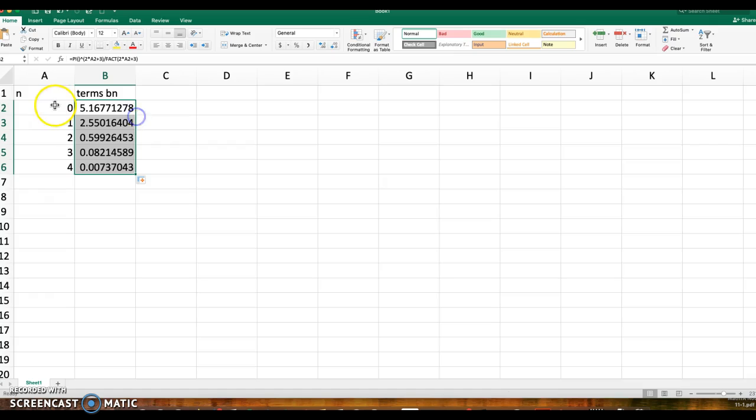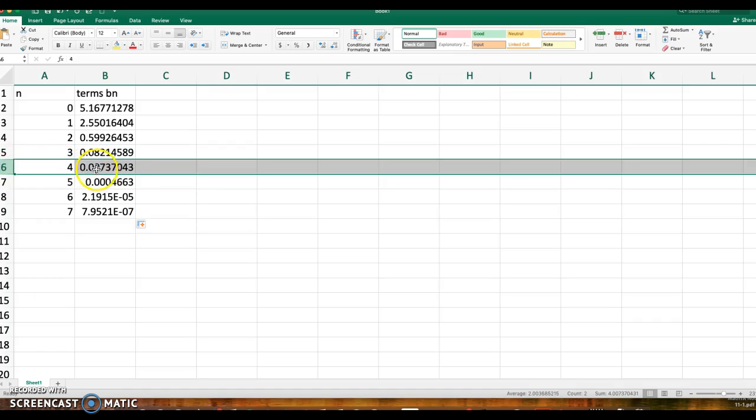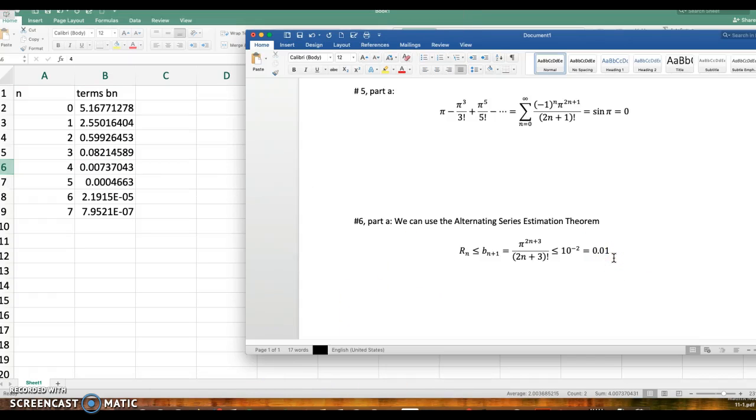If I double click here, we could get more terms if we need to. But notice right here, the fourth term is 0.007. That is going to be less than 0.01. So put a note right here.